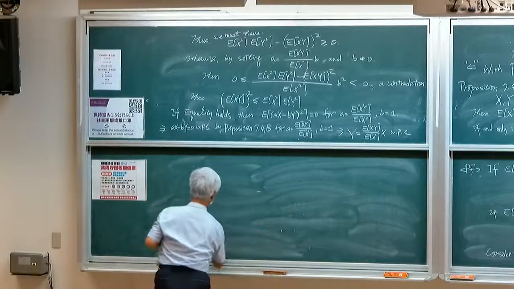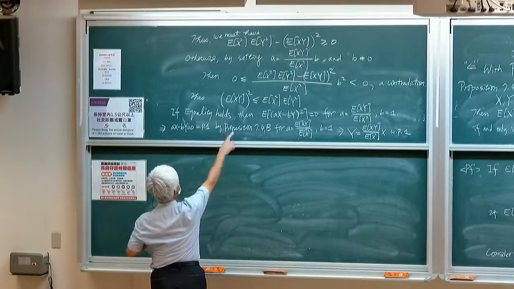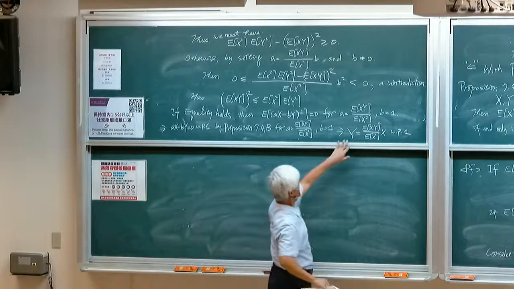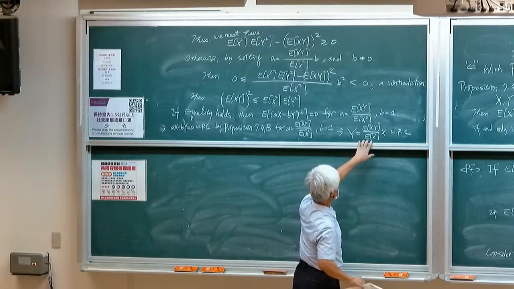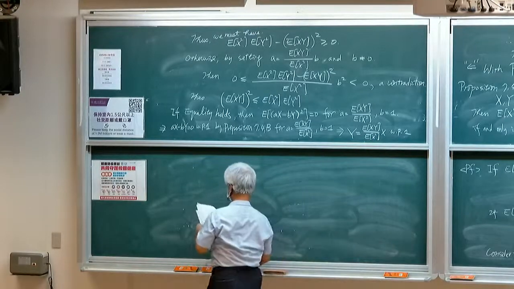So we show that if the equality holds, then y is a scalar multiple of x with probability 1.